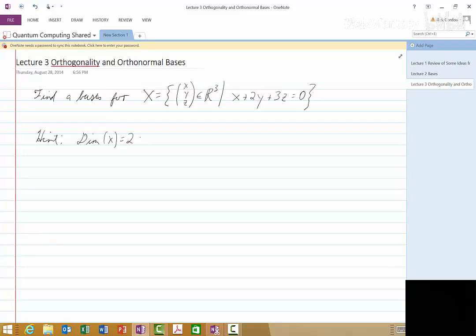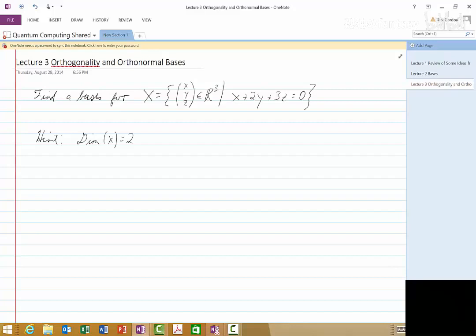And the reason that that is a useful thing to know is that it tells you how many vectors will be in the basis. Remember that that's always true. If you want to know the dimension for any space, that's simply equal to the number of vectors in any basis for that space.